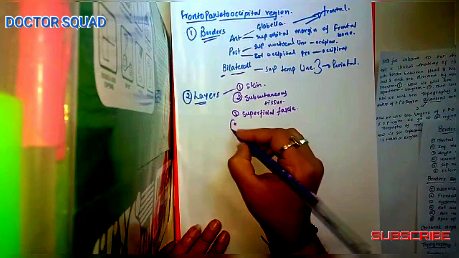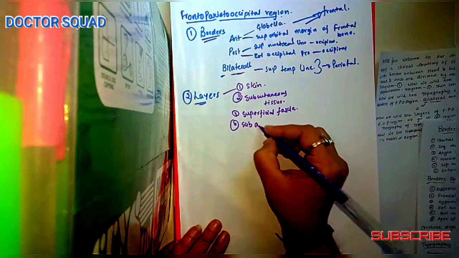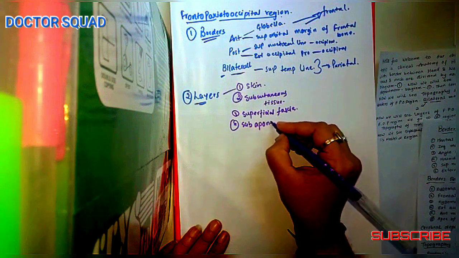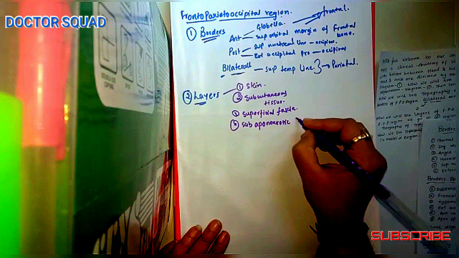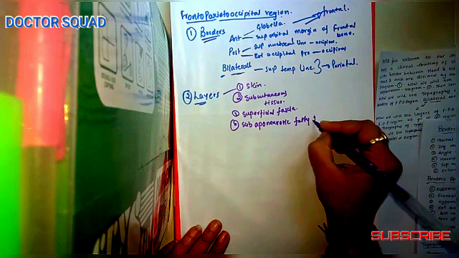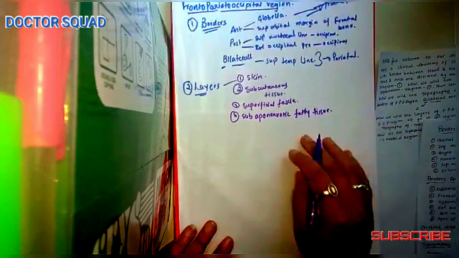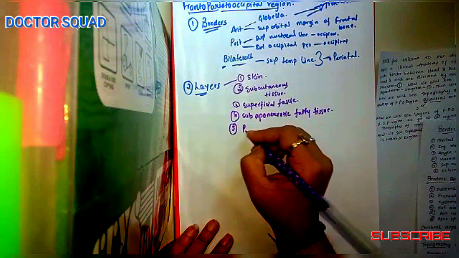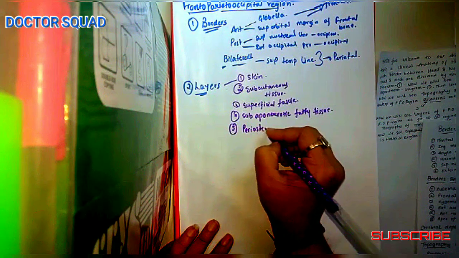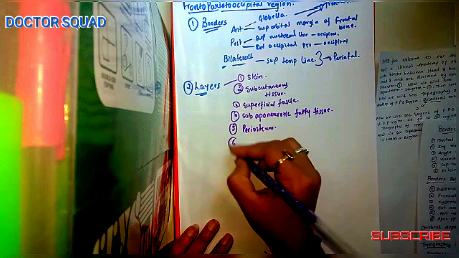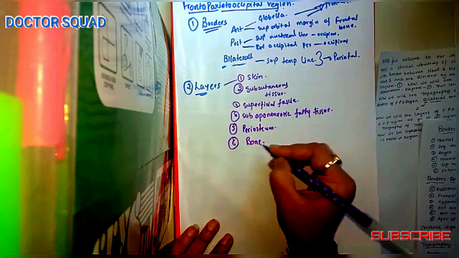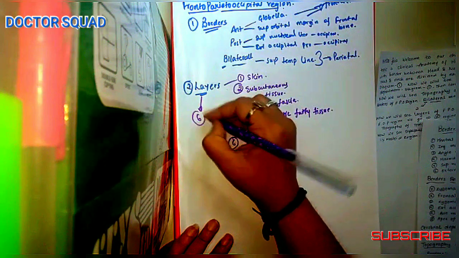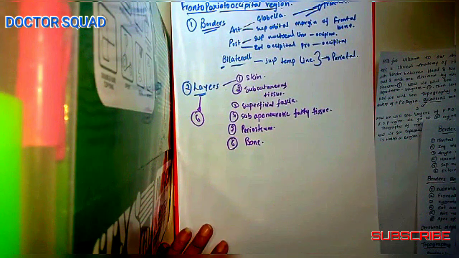Fourth, subaponeurotic fatty tissue. Fifth, periosteum. And sixth, the last, bone. So there are six layers in the fronto-parieto-occipital region.